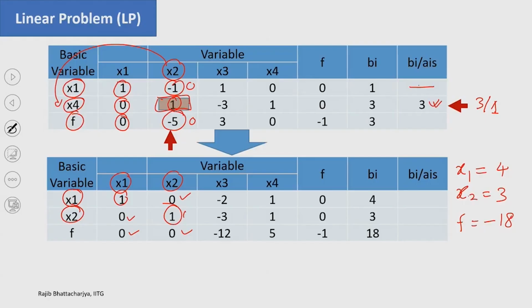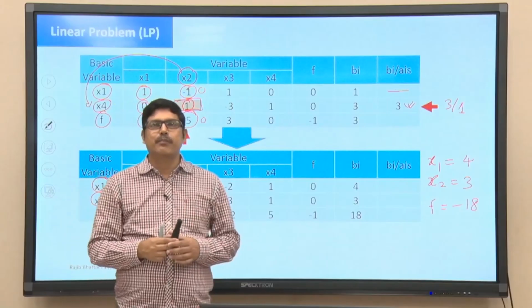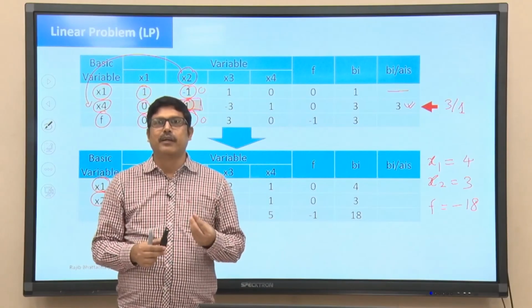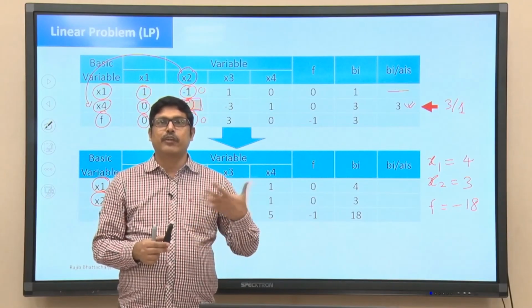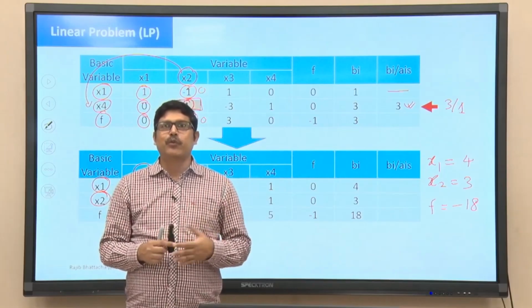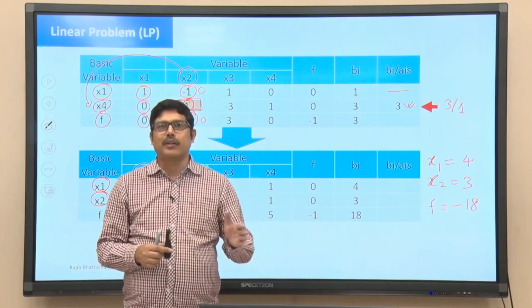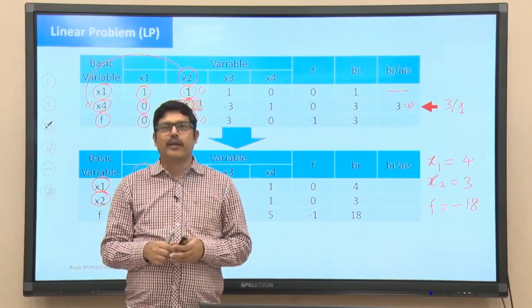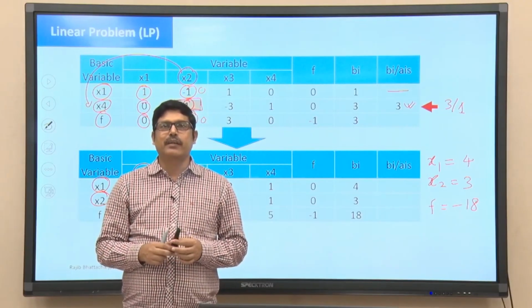Now, the question is, is it the optimal solution? Is it possible to improve the objective function value? That means, can I reduce the objective function value in this case, because this is a minimization problem. So, what I have to do? I have to look at the last row, that is the objective function row. Is there any negative coefficient?